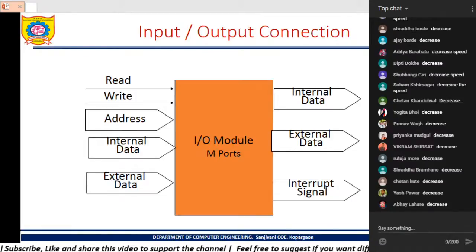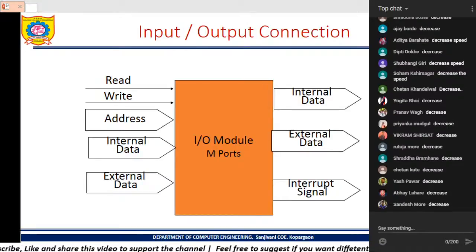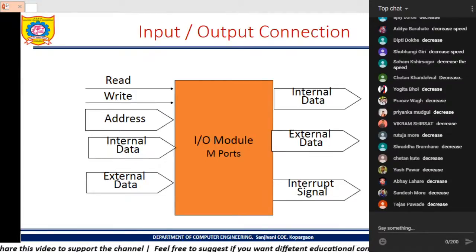For example, if your program is executing in a sequential way and there is some electric fluctuation, or you want to do some urgent work, you'll halt the previously working process and do the urgent work first, and then you will resume the previous process. That is called an interrupt.